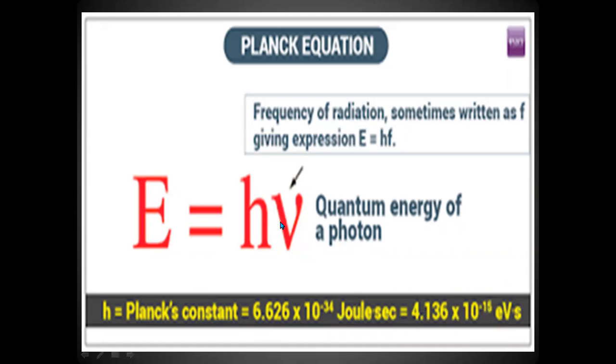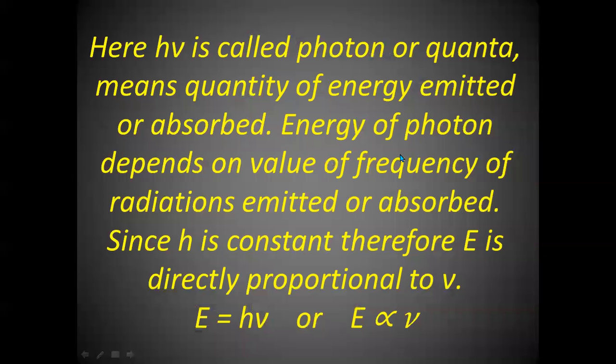Now this nu is frequency, and frequency is represented by nu or sometimes f and sometimes small n also. If it is expressed by f, then it will be h into f, or hf. Whatever be the symbol used for frequency, the energy is the product of frequency and Planck's constant.